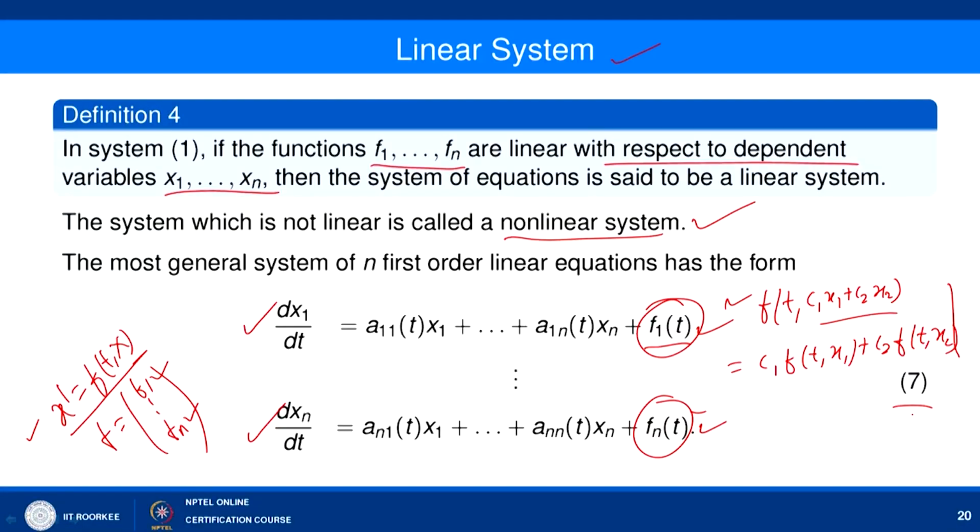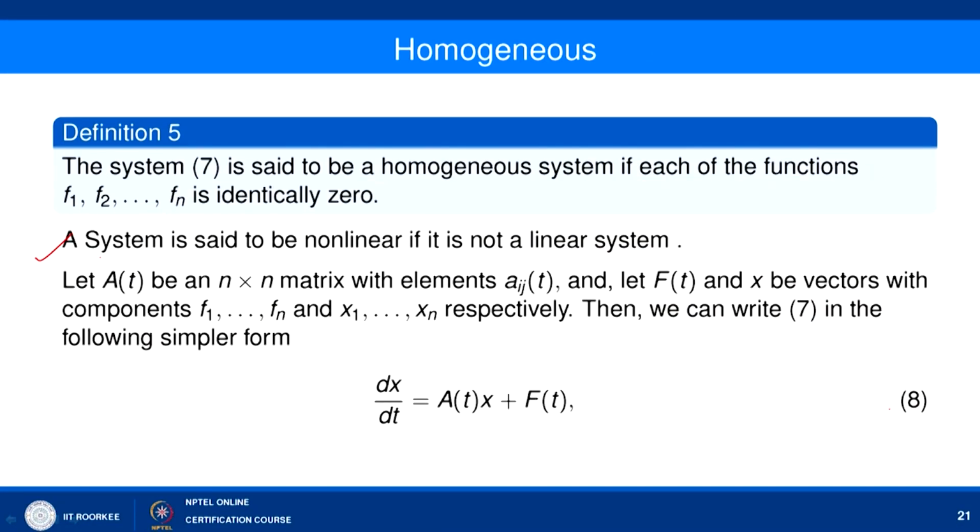Now, we can find the compact notation of equation number 7, and for that let us assume A to be an n cross n matrix with elements aij, and let f t and x be vectors with components f1 to fn and x1 to xn.